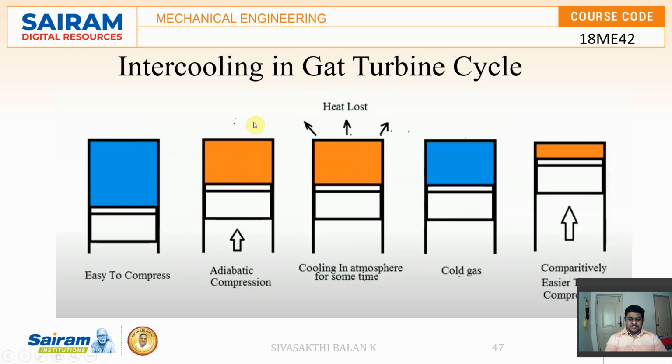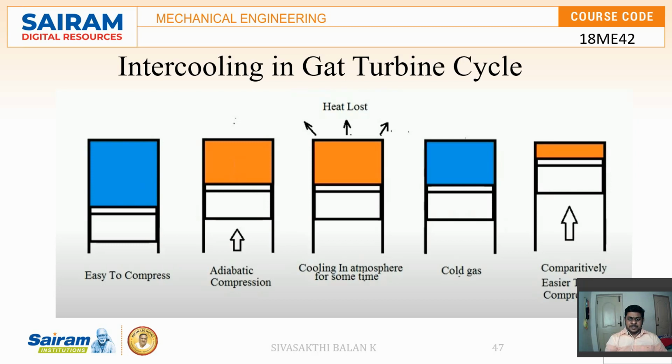To avoid this, the innovators introduced the concept called intercooling. Let us see how it works. We start from the initial compression stage. Air inside the cylinder gets compressed. At the point where the piston reaches the middle of the cylinder, the temperature of the air reaches more than the surrounding temperature.